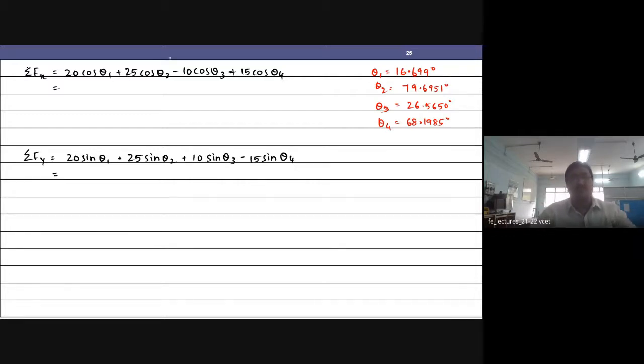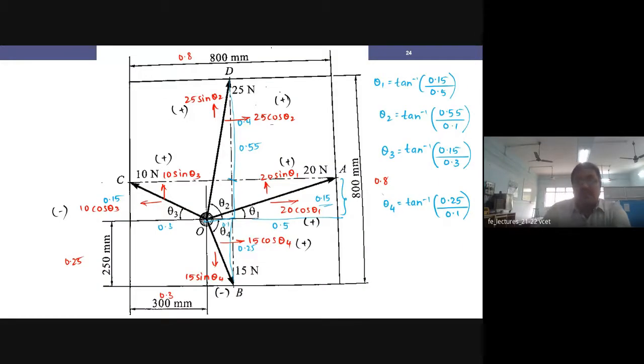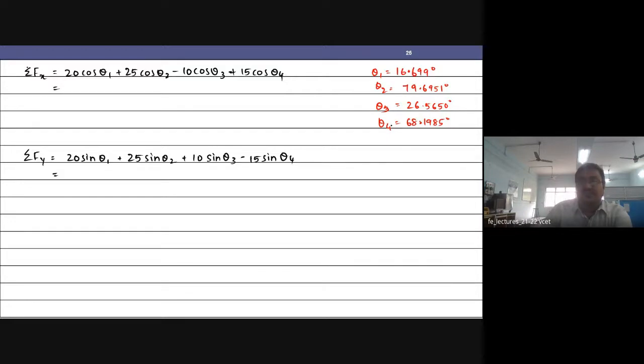Now I have to quickly substitute the values and write the answer. In this question, the first step is to find out these angles, right? So first I'm finding out the values of theta 1, theta 2, theta 3 and theta 4. Then after that only I'll go with sigma Fx and sigma Fy. So can you calculate it and tell me the value for sigma Fx?